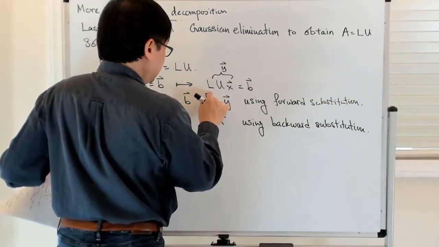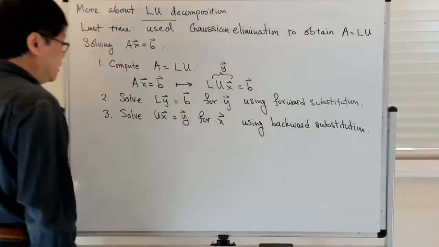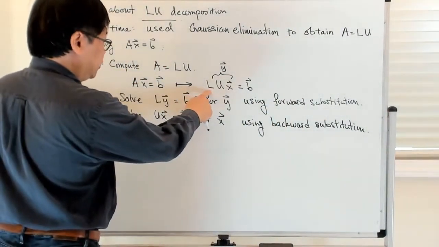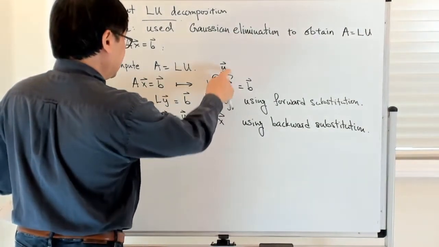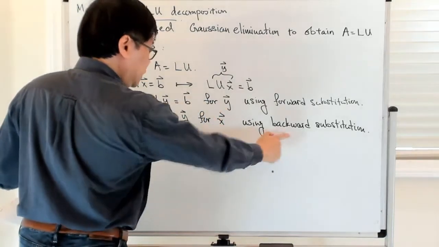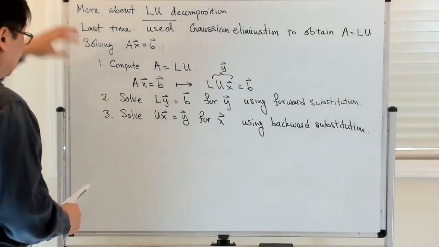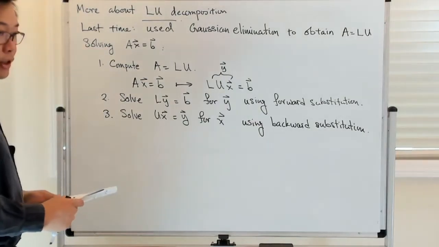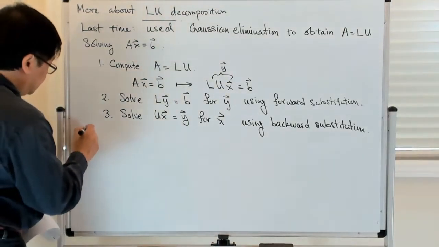I first solve for Ly = b using forward substitution, because L is lower triangular. And then once I have that, I can solve Ux = y, based on the y I first computed, for x using backward substitution. Okay, so let's think a little bit about how many operations this takes.